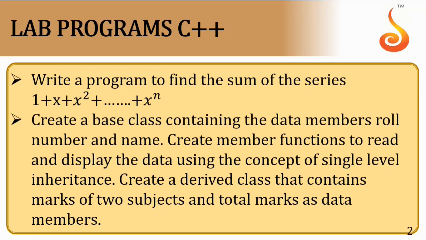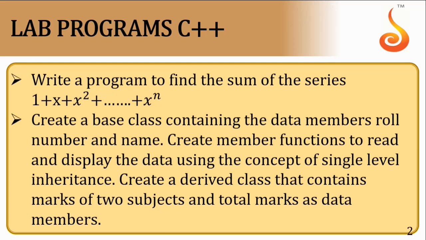Create a derived class that, along with this, will contain marks of two subjects. So you need to take in the marks scored by the user in any two subjects, or you can generalize it as subject 1 and subject 2, or if you want to give explicitly any name to it, it is up to you as a programmer. And the total marks, that is subject 1 plus subject 2 marks, as the data members.